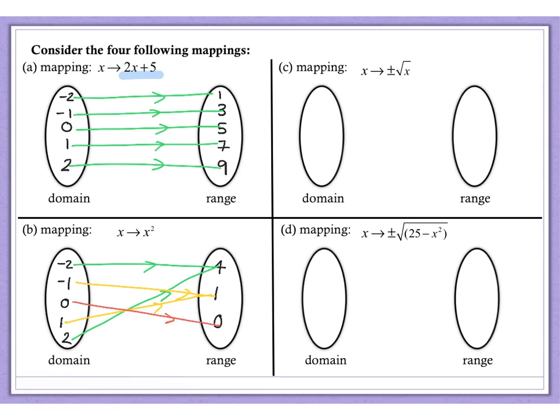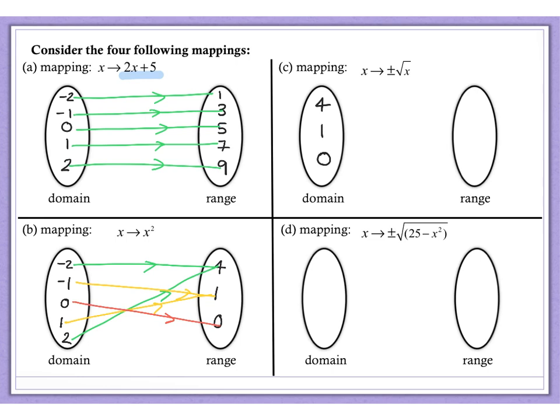Now the next mapping, x is mapped to the positive and the negative root of itself. So x maps to plus or minus root x. So essentially square root the number that's in your input and make sure you include the negative and the positive root. So my inputs are going to be 4, 1, and 0.